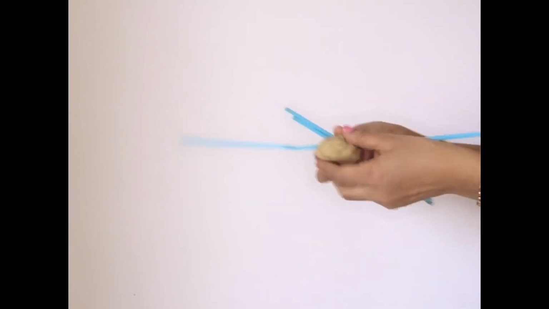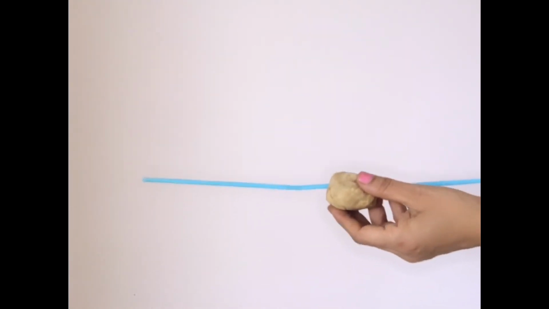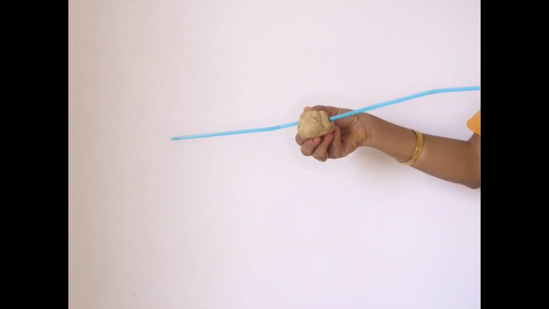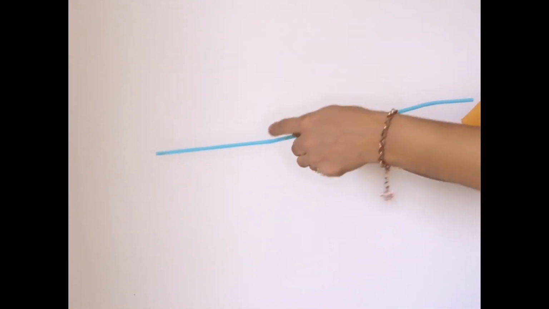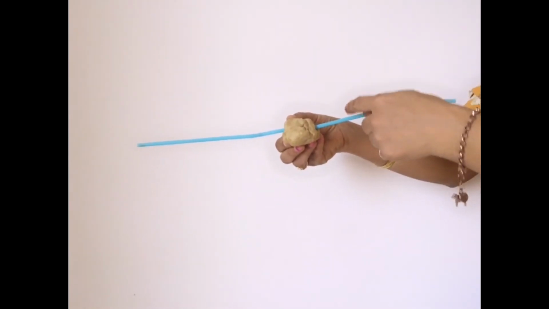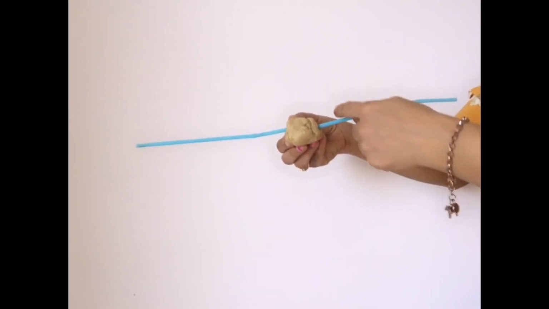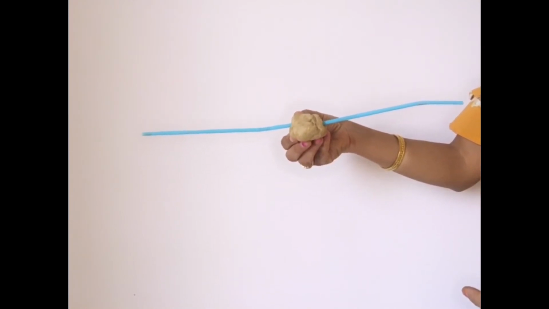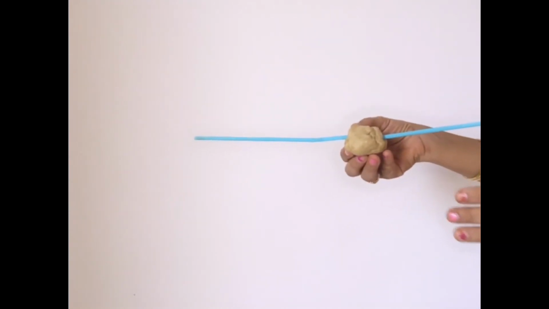You see over here? What is this shape? This shape is linear. Very correct. What will be the bond angle? The angle between the bonds. This would be 180 degrees.